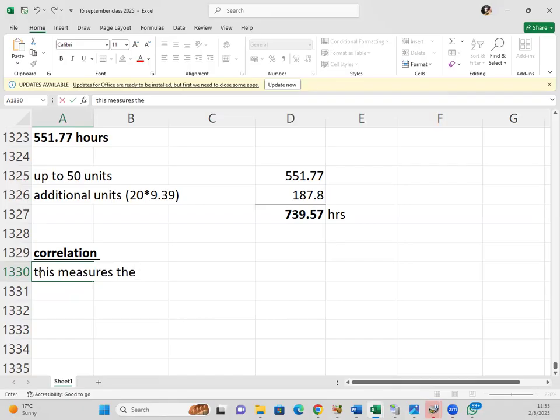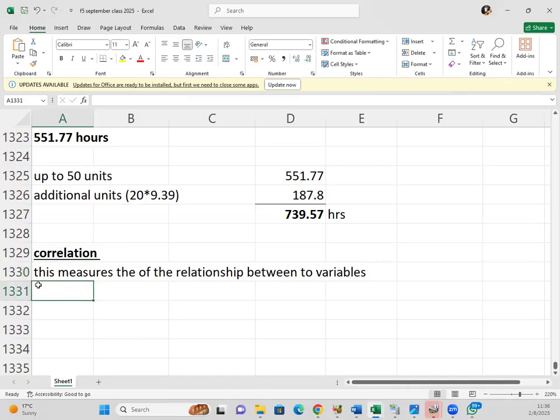This measures the strength of the relationship between two variables. So I want to see the relationship between two variables.